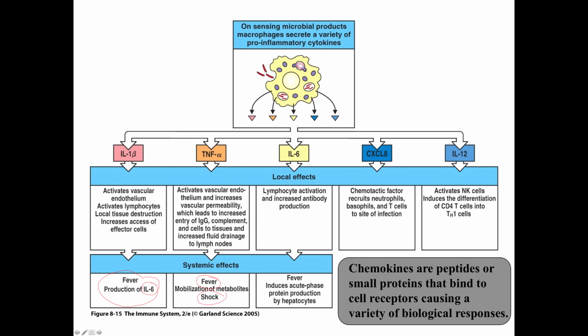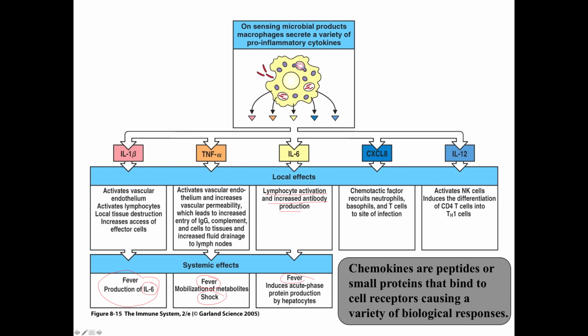IL-6 is a sort of lymphocyte global activator and increases antibody production. If it's not controlled, it can actually induce some rather severe acute inflammatory responses, as well as fever.